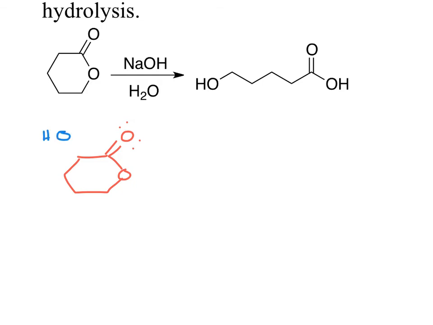And so here we've got hydroxide. It's going to add to the carbon of the carbonyl. Electrons are going to roll up onto the oxygen. That will provide the following tetrahedral intermediate.